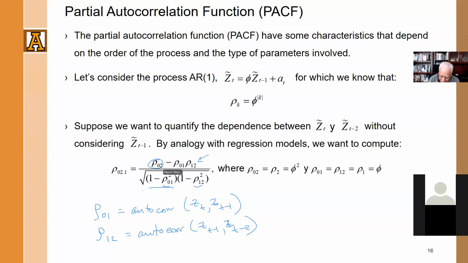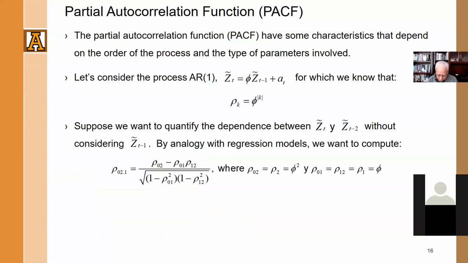So this is called the partial autocorrelation between Z_t and Z_{t-2}. Okay, that's the partial autocorrelation. And that's a measure of how much Z_t depends on Z_{t-2}, given that Z_{t-1} is already there in the model.